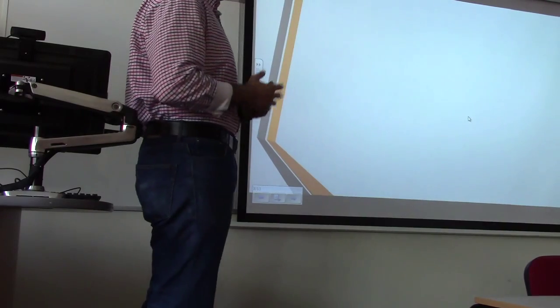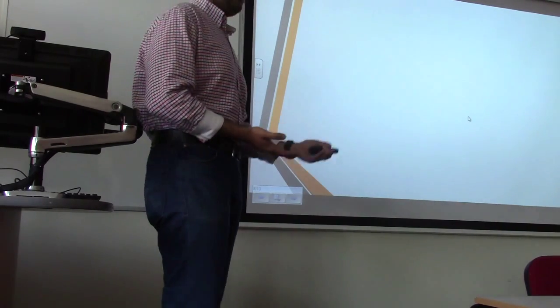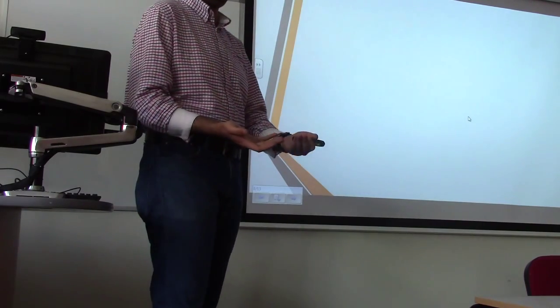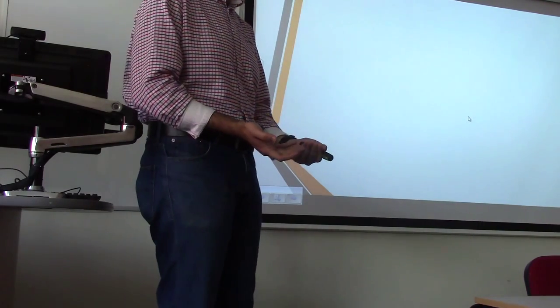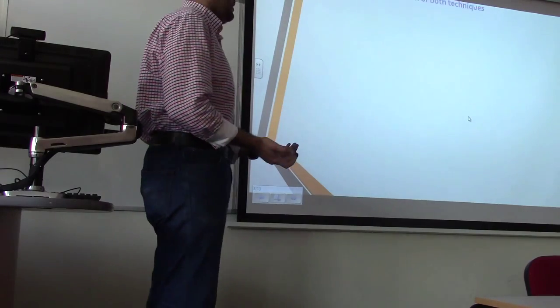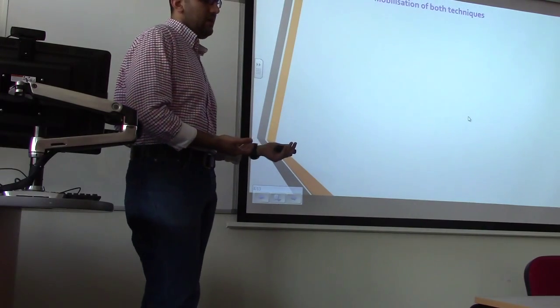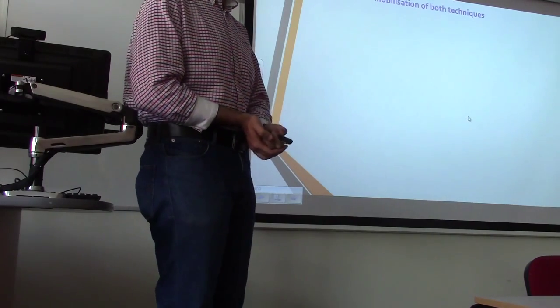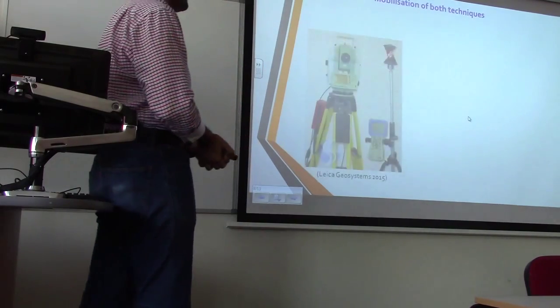So my position is again with the use of laser scanning technology, because there are many types of low-cost laser scanning devices, and the running cost for laser scanning is lower than traditional engineering surveying techniques.